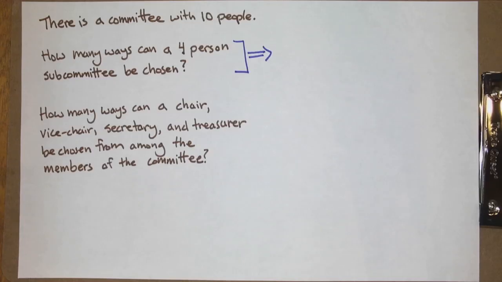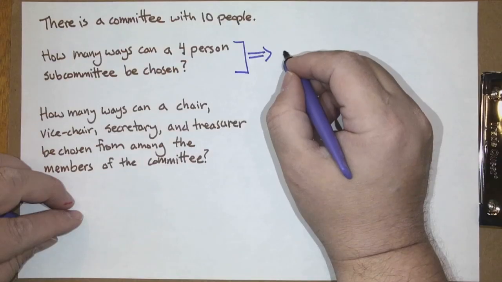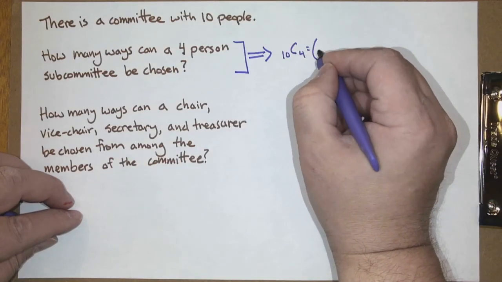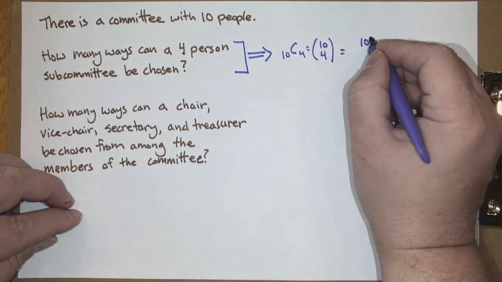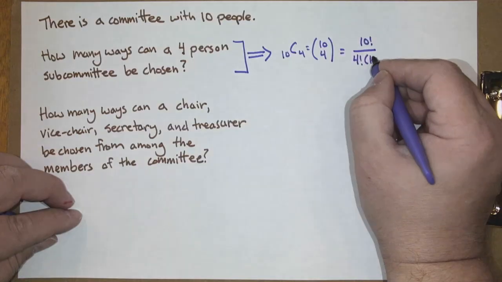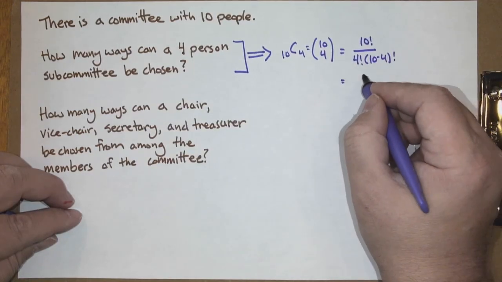So right now, there's nothing here that says order is important. Order is not important right now. So we say, okay, so this is 10 choose 4 or 10 choose 4, however you like to notate that. So that's 10 factorial over 4 factorial, 10 minus 4 factorial, which will take us a second here.